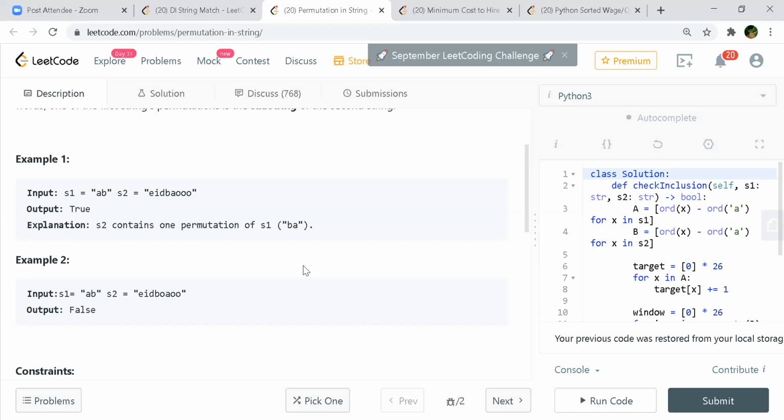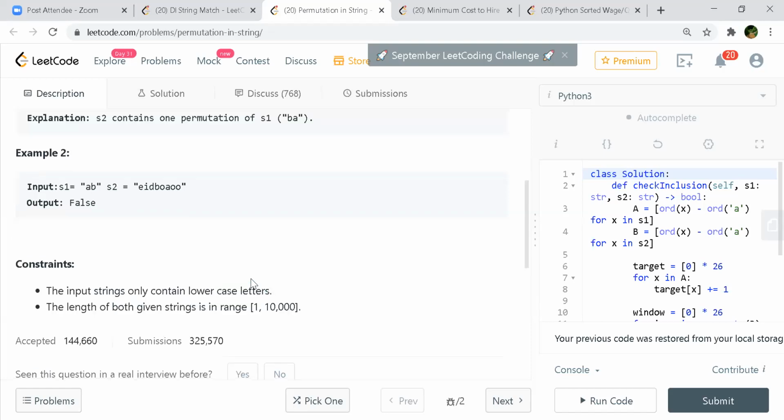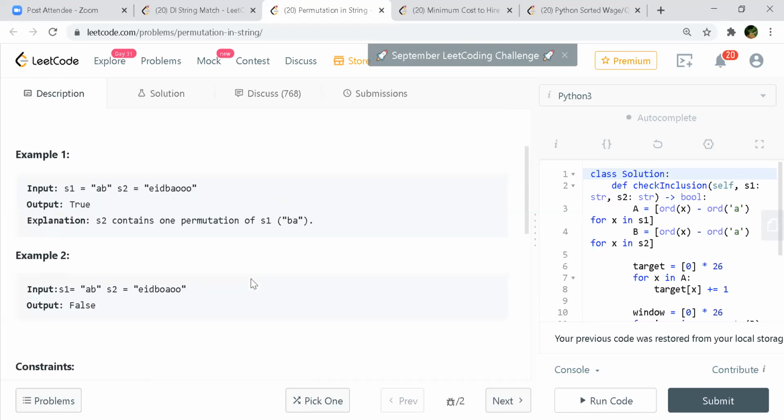If we know that the size of the character set is 26, then I think that will be linear. If the character set is only lowercase characters, then we have only 26, so it will be constant space kind of.